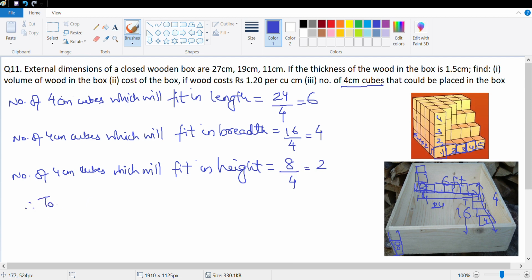Therefore, total number of cubes would be 6 into 4 into 2, which is 24 into 2, 48. So there are 6 in each row, there are 4 such rows, and then this is repeated 2 times. Perfect. Let's look at the next question, but that we'll do in the next video.